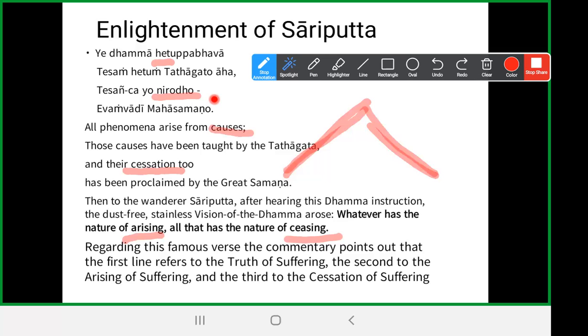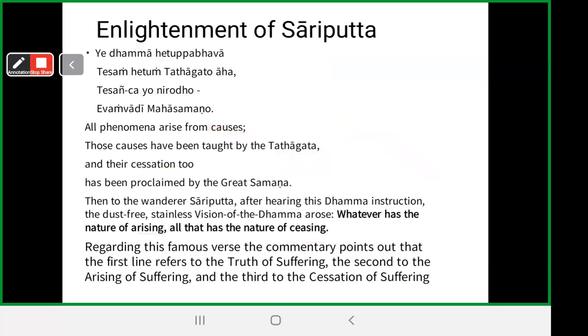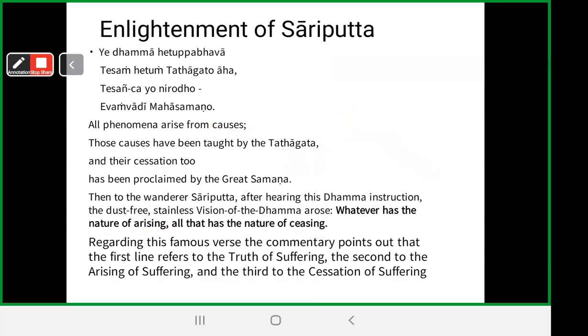So by just this very simple Dhamma, Sariputra understood the four noble truths. He saw the impermanence of things. If you want to remember some Pali, this is one of the very good ones to remember because it's so short and very meaningful.